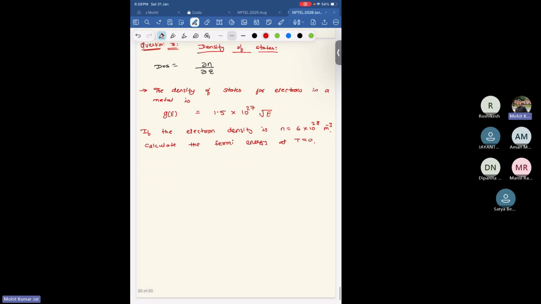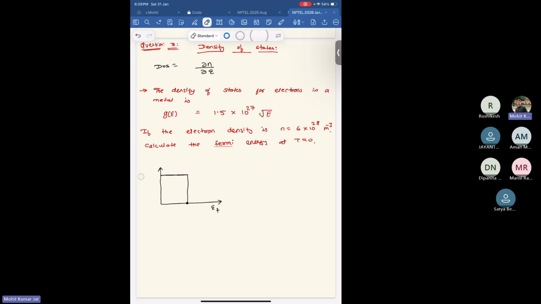So we know the Fermi distribution function, this is your Fermi distribution function, the probability of occupation. If you go higher than this energy, till this point the states are filled, and after that the density of states is 0.